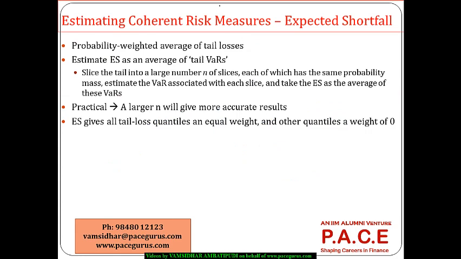Now I have to talk about the basic, simpler form of a coherent risk measure, which is called expected shortfall. It's a probability weighted average of the various tail losses, which means I can take an average of the different tail values at risk.